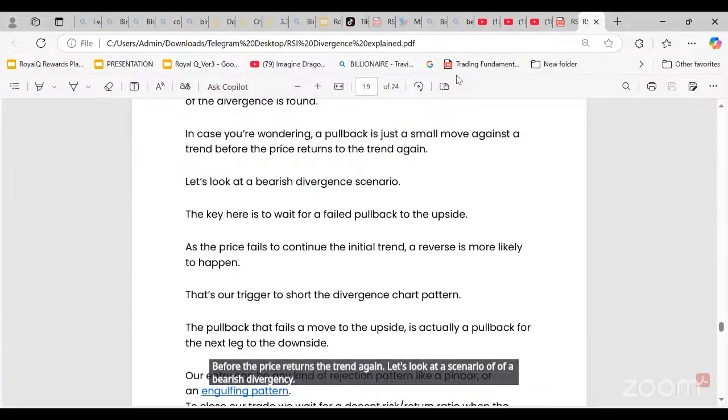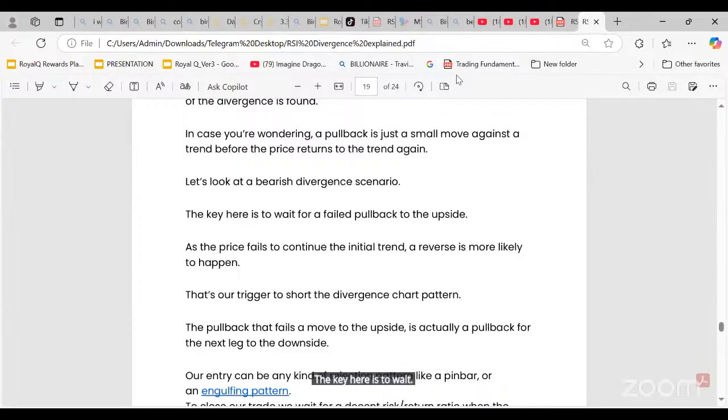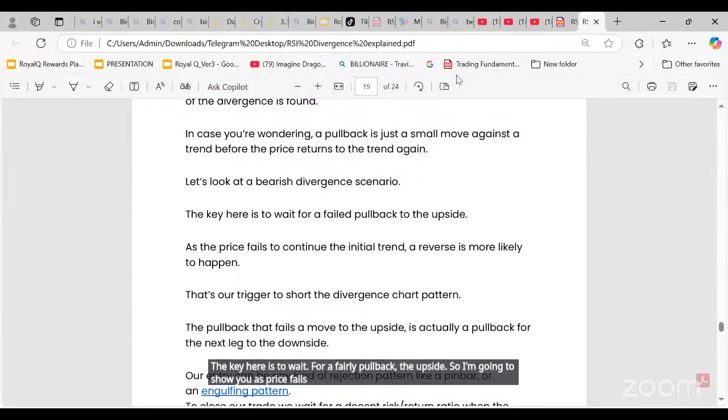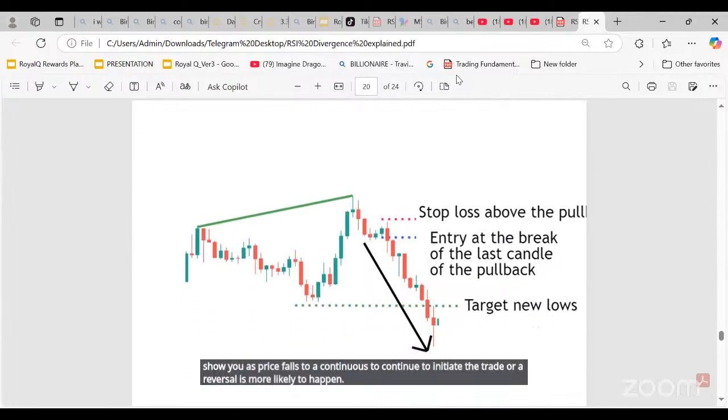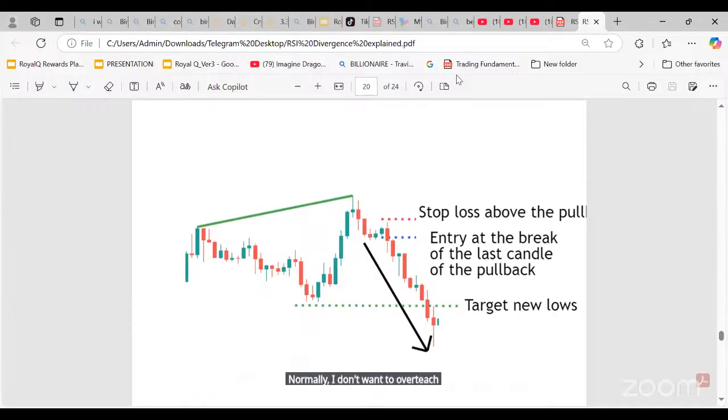The key here is to wait for a failed pullback to the upside. So I'm going to show you. Now, this is the ideology. You saw the divergence on the RSI and you are planning to enter the market, but you don't want to make a false entry.